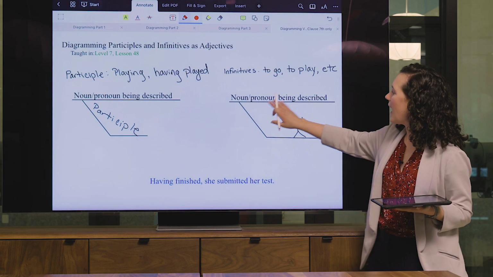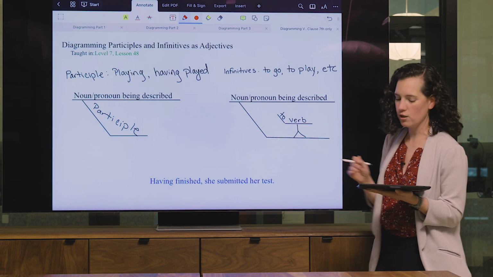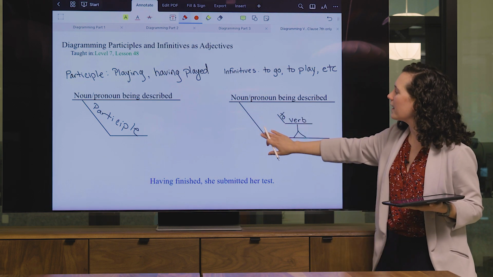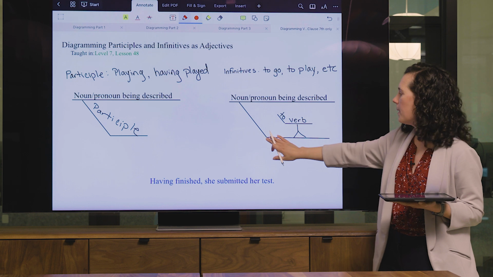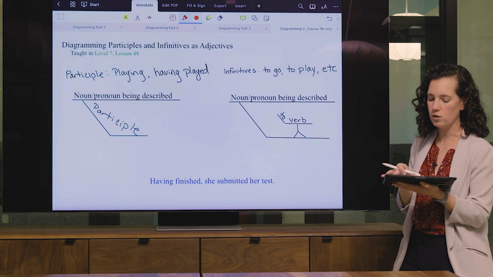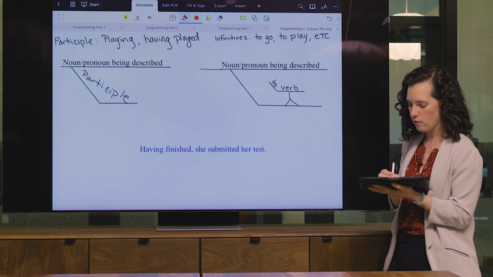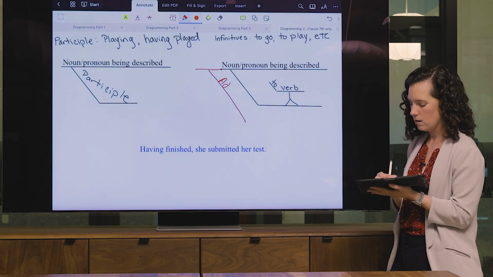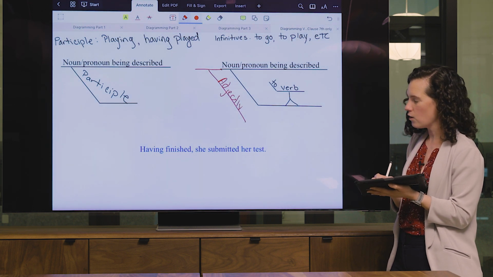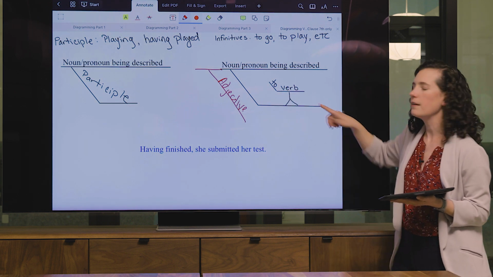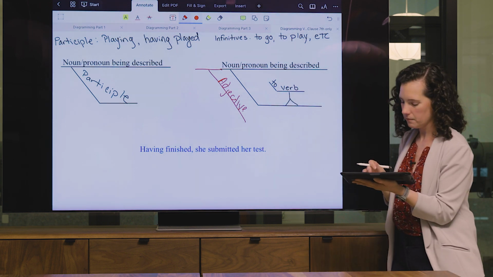To draw them as an adjective, since we can't draw our shape on an angled line, we show it connecting to the noun being described and then have a horizontal line to draw it on. A regular adjective would have just gone right here. But in order to do this shape here as an adjective, we have to add this extra line.